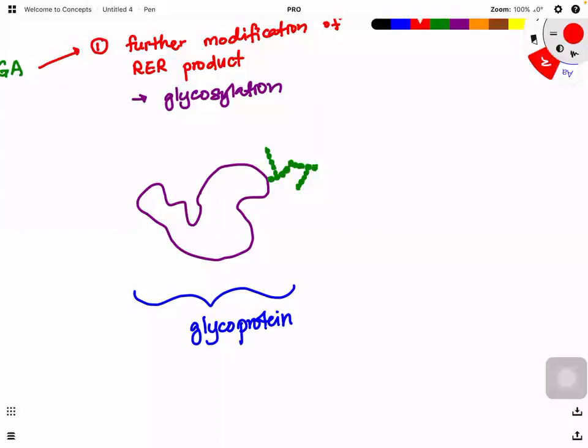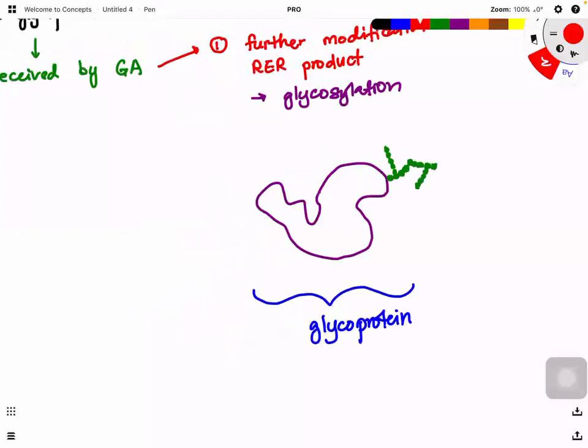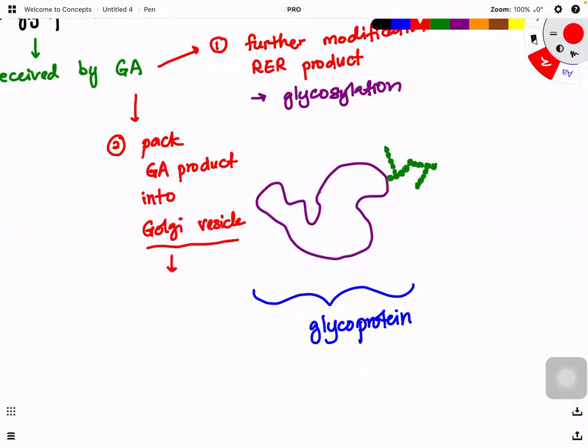Once they finish the process, the Golgi apparatus is going to do packing. Pack what? Pack the Golgi apparatus product, or Golgi product, into a Golgi vesicle, so that this Golgi vesicle can later carry out exocytosis.